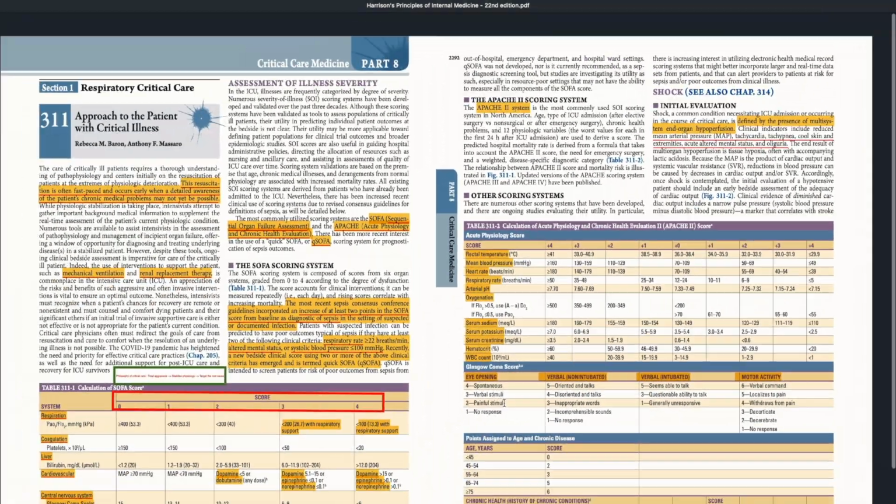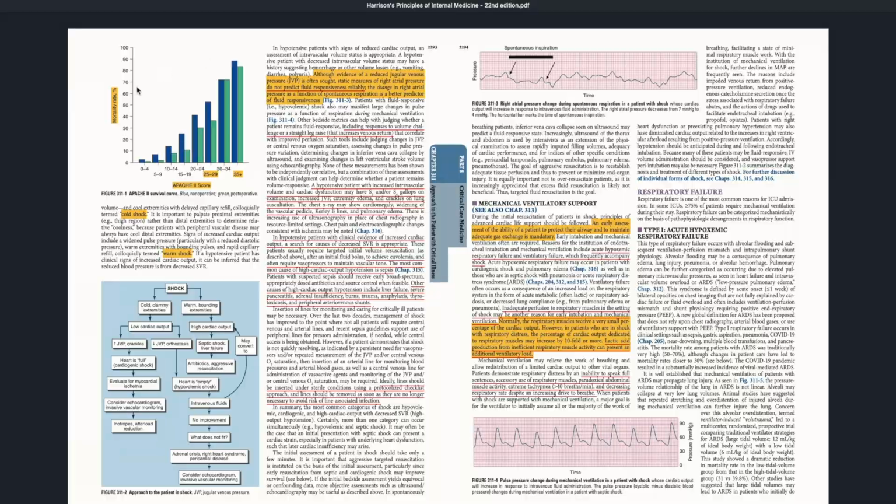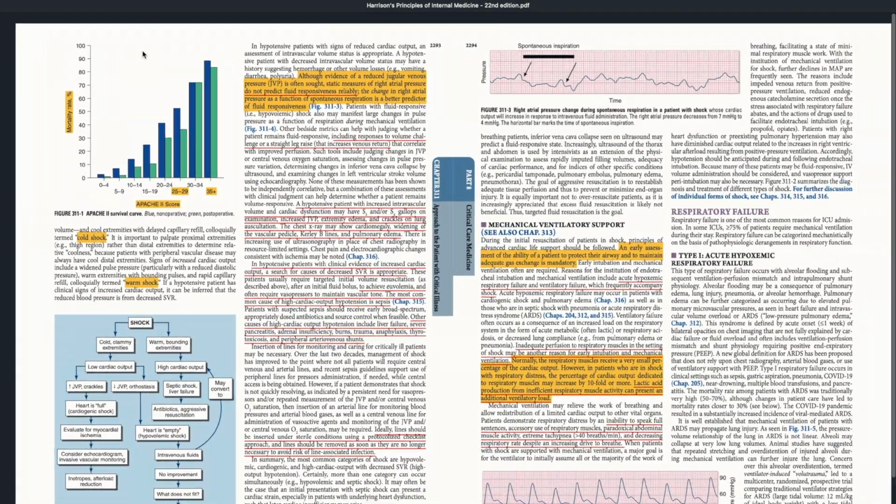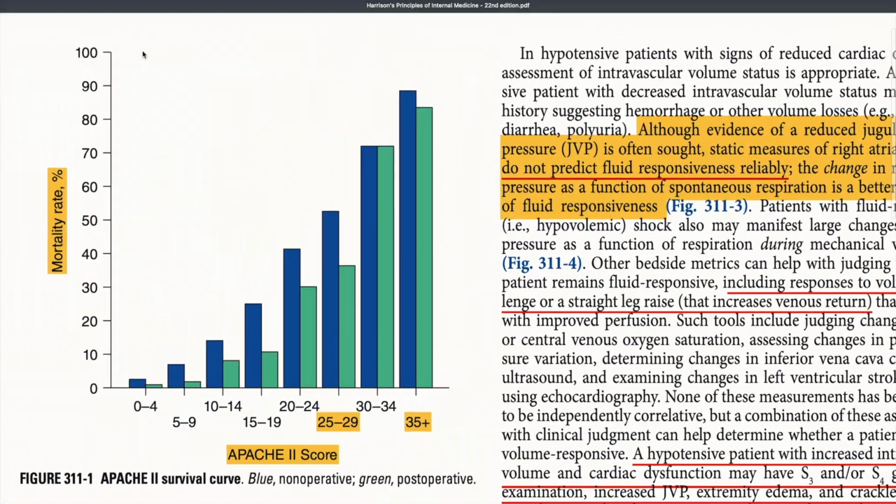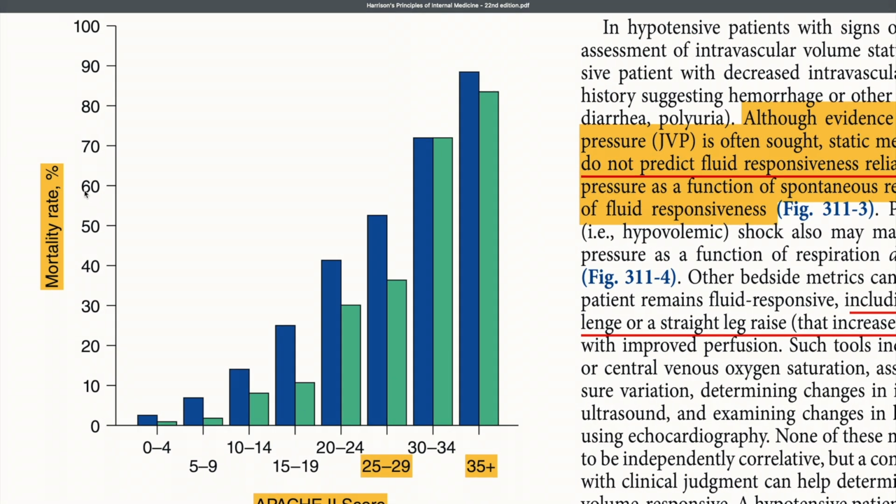So Harrison has given one more graph about the APACHE II scoring system, where the y-axis tells about the mortality rate and the x-axis tells about the APACHE II score, where you can see the score of about 25 to 29 or 35 plus has a higher mortality rate percentage.